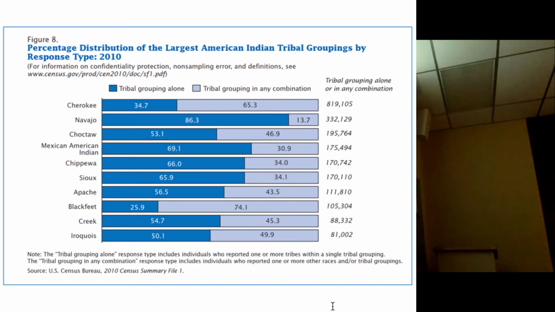So you have perhaps a culture that is more or less endogamous, where people don't tend to marry outside of that culture. On the other hand, most people who consider themselves Cherokee are also members of other tribal groups like Creeks or Choctaw. Here are some other examples: Choctaw, Cherokee, Blackfeet up in Montana. Anyway, that's another interesting pattern.